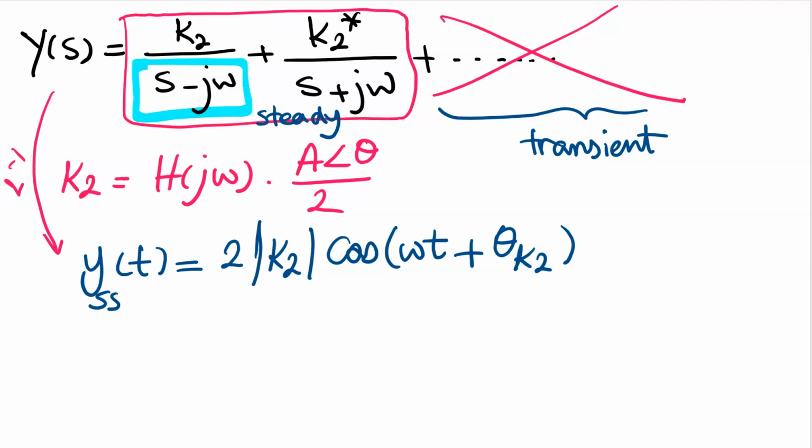Now let me simplify what I have here a little bit more. What is this magnitude of K2? K2 itself is H(jω) multiplied by A over 2 with an angle of θ.